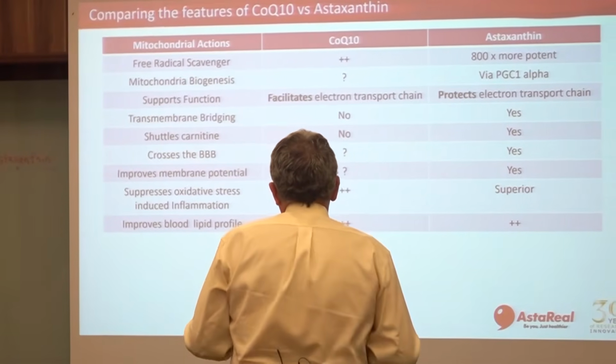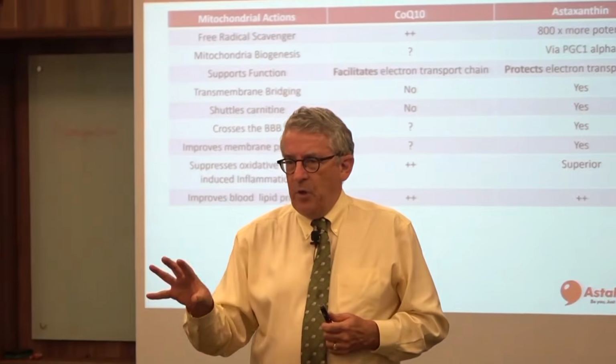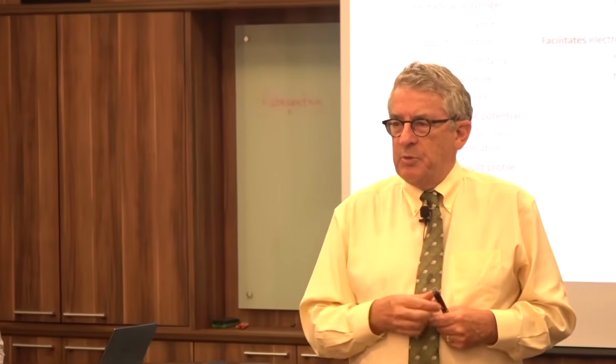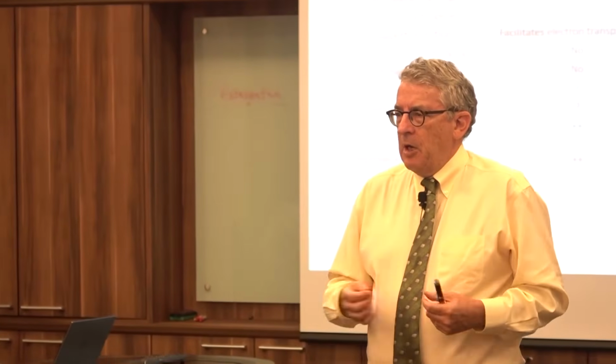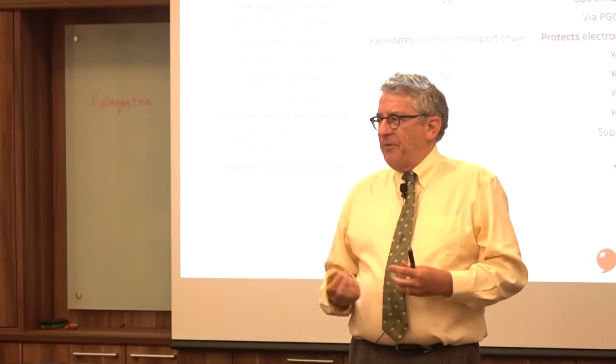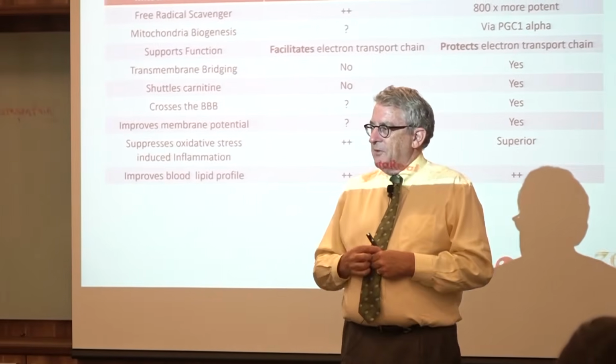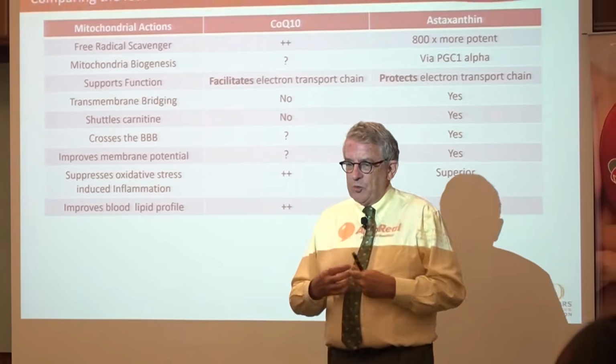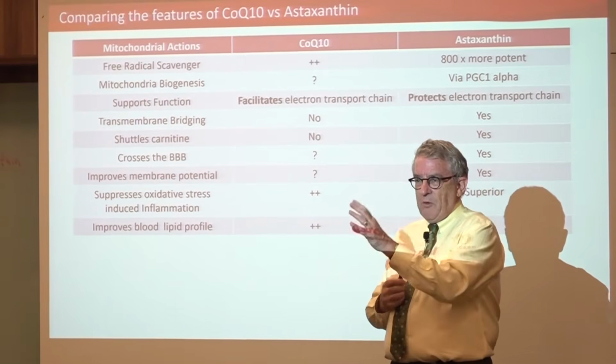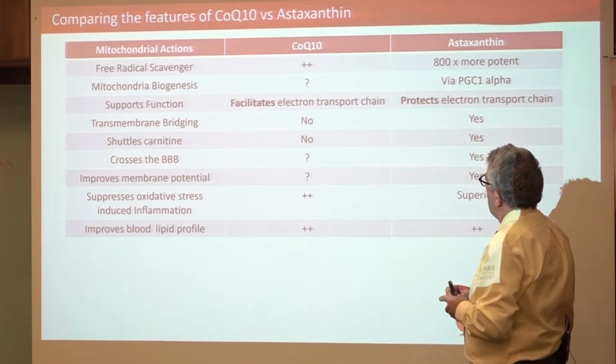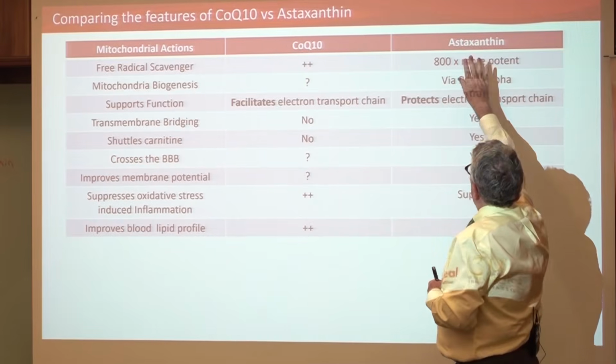So comparing it to something that you probably have heard of and utilize in your practice, which is CoQ10. Again, a reasonably well-known, heart-friendly, antioxidant free radical scavenger mitochondrial nutrient in terms of interacting with an electron transport chain. Both of them are free radical scavengers.